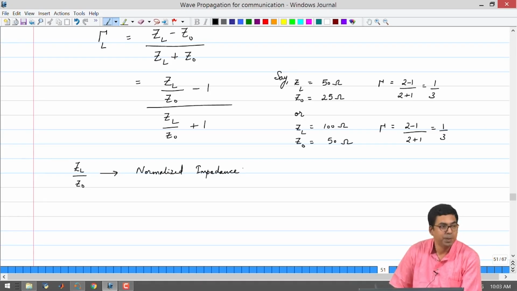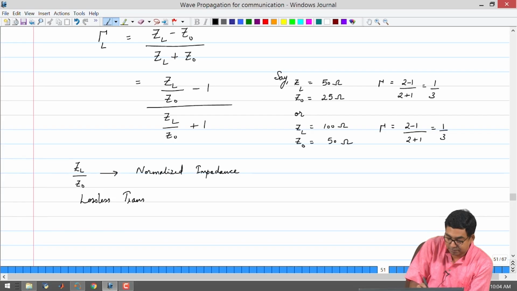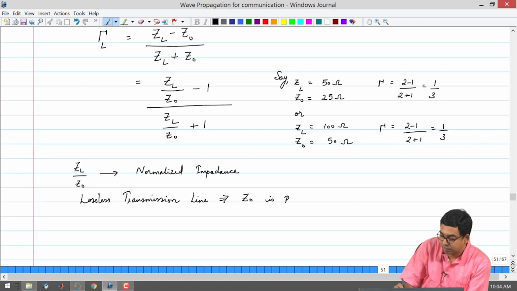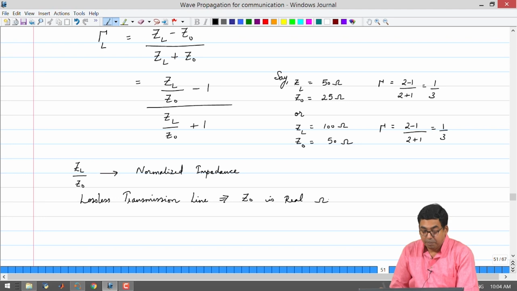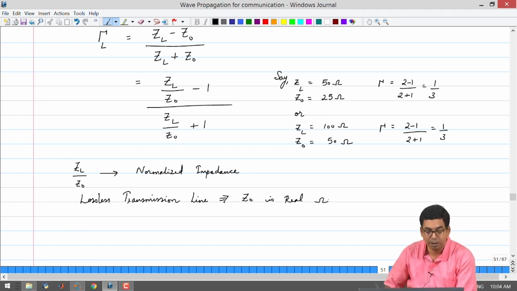When the transmission line is lossless, that will imply that Z0 is real. It is going to be purely resistive. We are going to begin with this simple case and try to understand the relationship between the reflection coefficient and your load impedance.